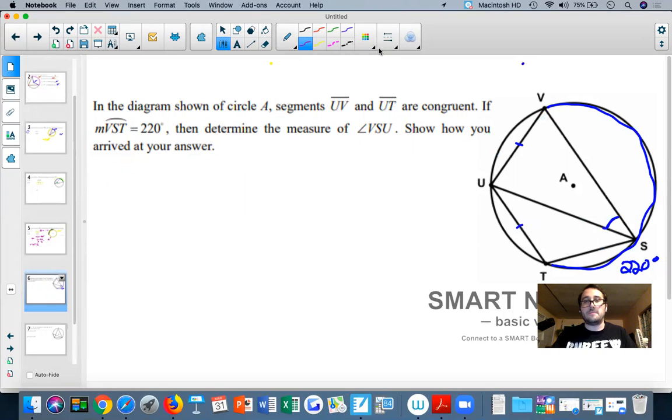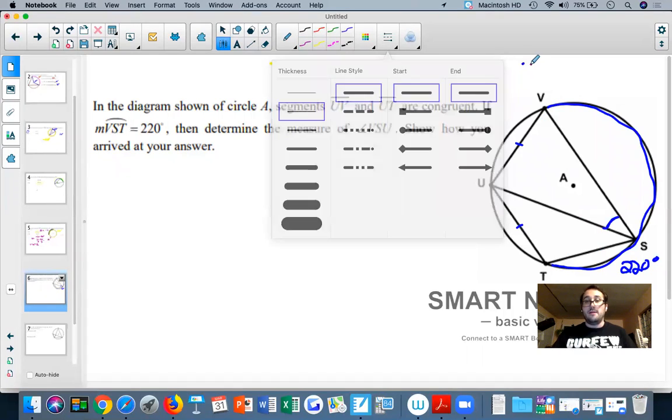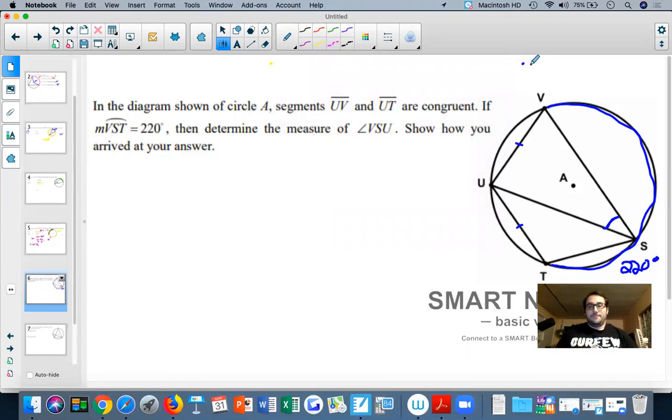All right, so check this out. Let's follow our nose. They only give us one number to work with, so we got to do something with that number. I marked up my diagram. I'm ready to go. So that blue piece is 220.